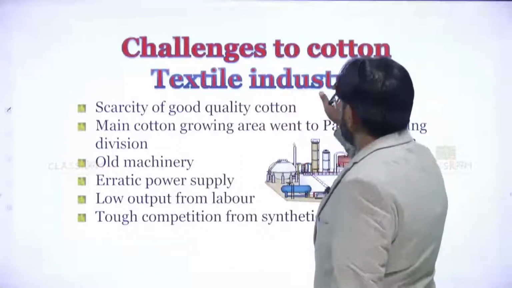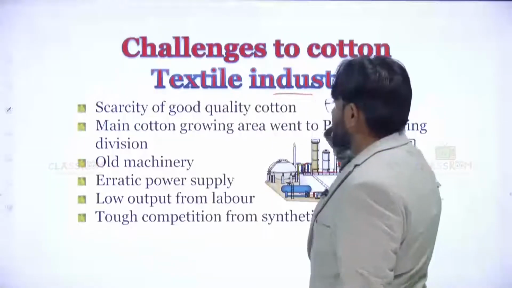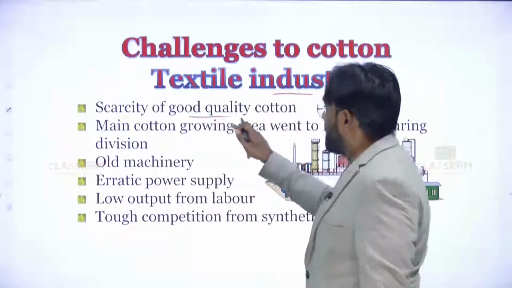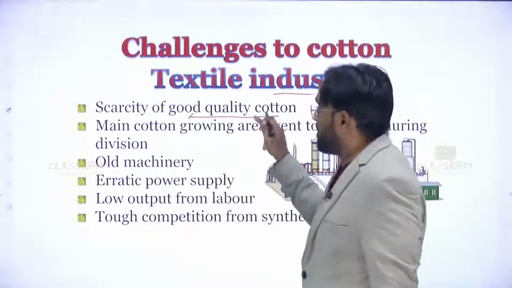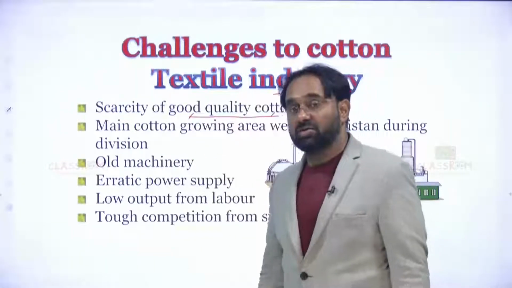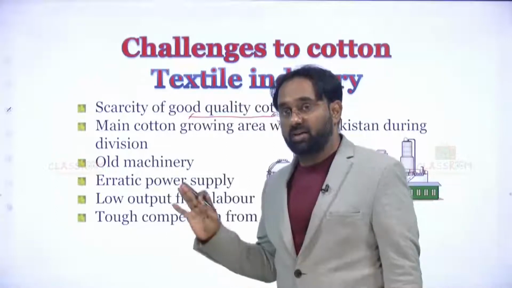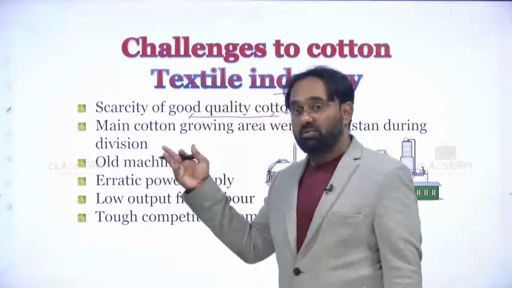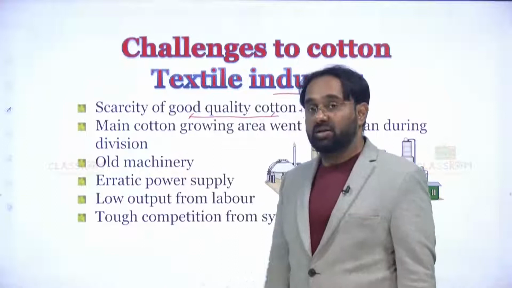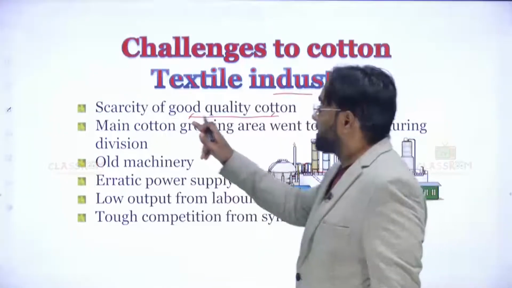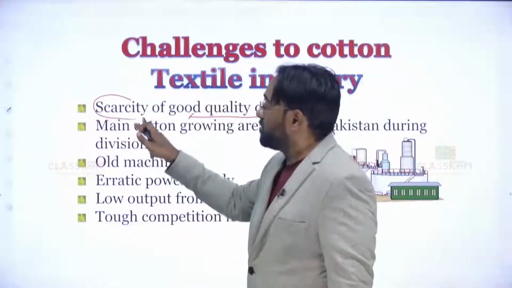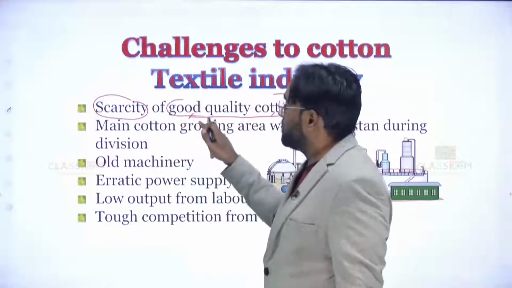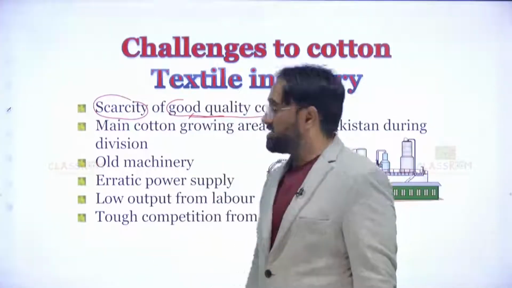Challenges to the cotton textile industry: scarcity of good quality cotton. Of course, black cotton soil is very favorable for cotton production, but even so the production is not enough. You don't have good quality cotton being produced these days.